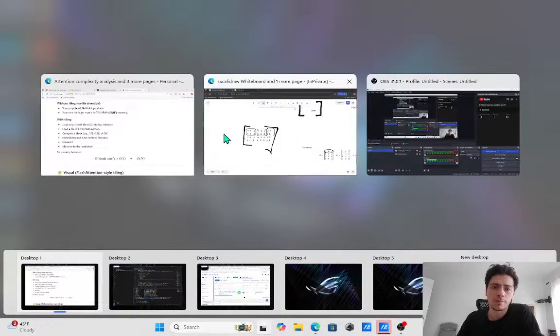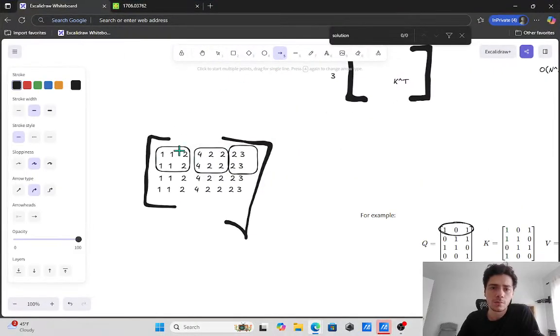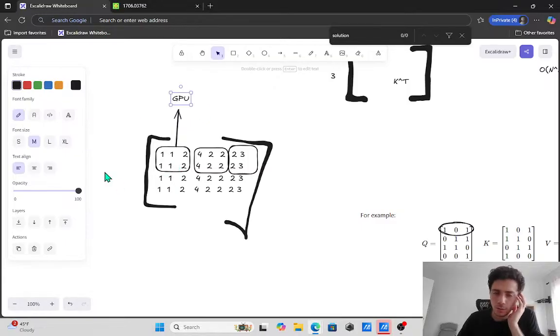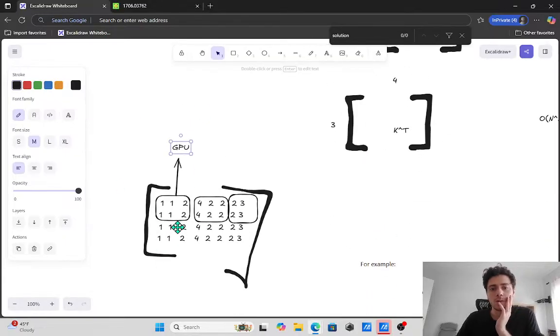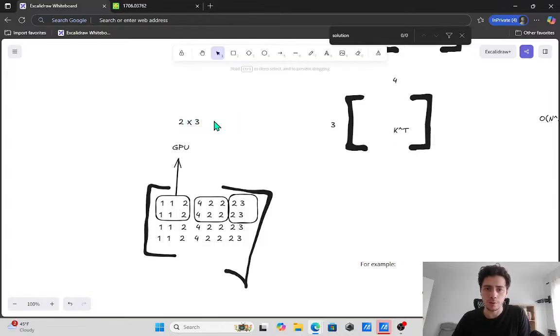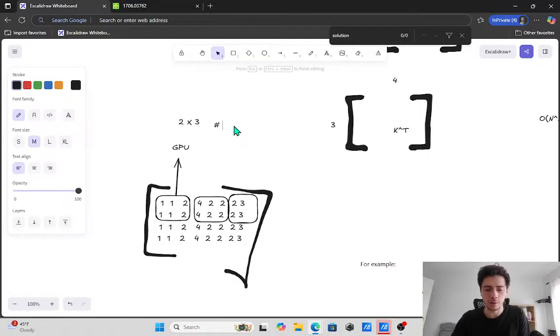So you're basically taking this block, throwing it to a GPU, doing the computation on the smaller block, and that will cost just the size of this, which is 2 by 3. That would be Q, and then you'd have another one, 3 by 2.